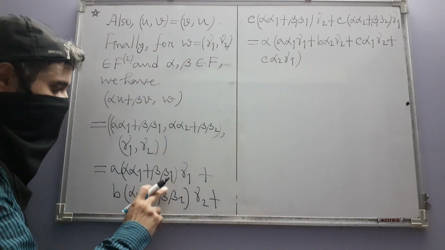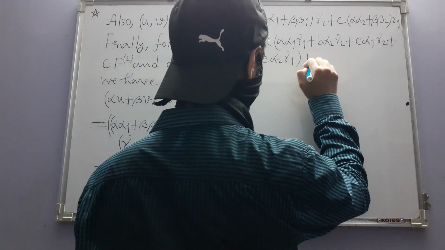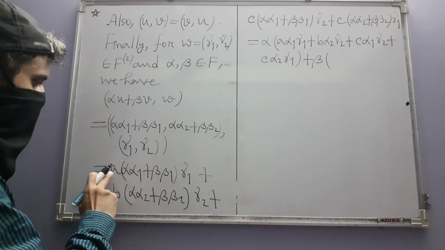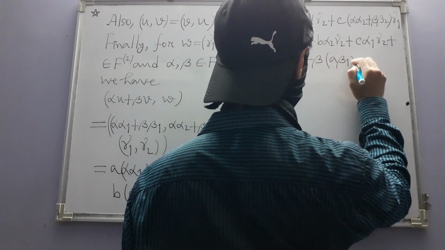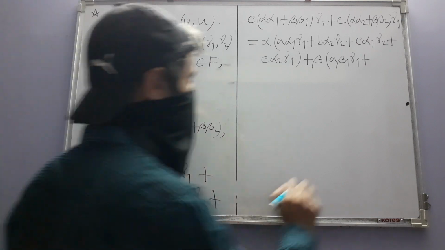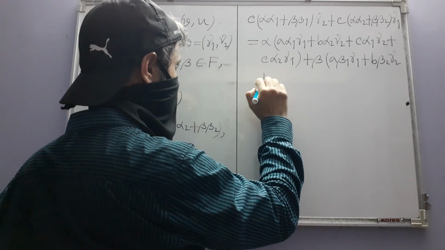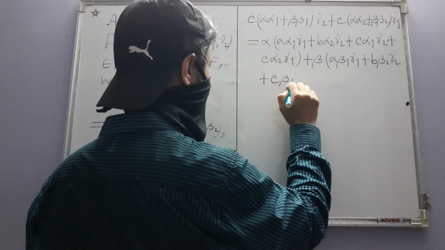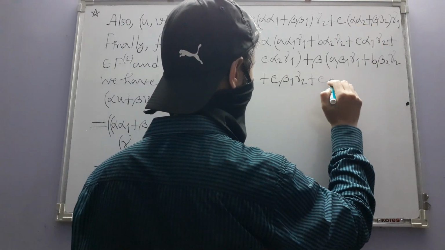and just like that from all the second terms we can take one beta common out. So doing that we are left with A beta 1 gamma 1 plus B beta 2 gamma 2 plus C beta 1 gamma 2 plus C beta 2 gamma 1.